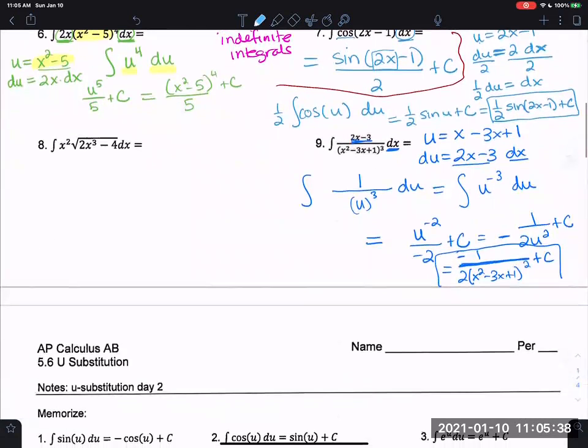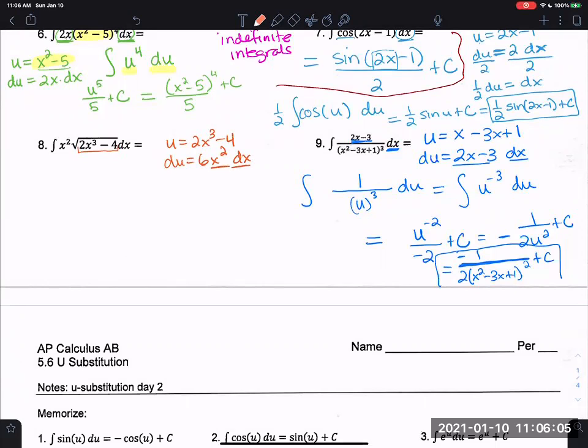Okay. And then finally 8. For 8, we have the inside function of 2x cubed minus 4. Okay. We had talked about that, so I'm going to go straight to setting my problem up. I need du, which is 6x squared dx. All right. The only part of this I need is the x squared dx, right?